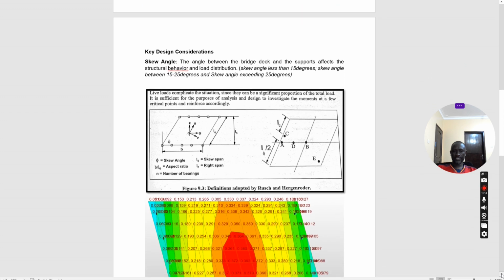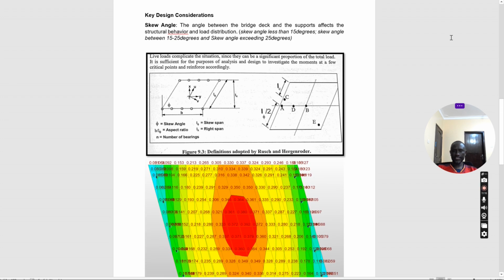Of course, there are varying key design considerations, such as skew angle. Normally the angle between the bridge deck and the support affects the structural behavior and load distribution. Different angles have different load responses or action effects on the bridge.